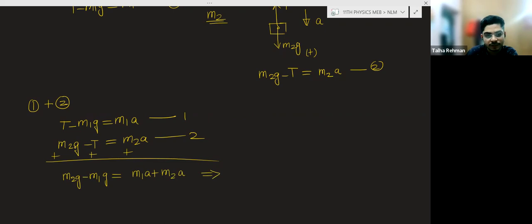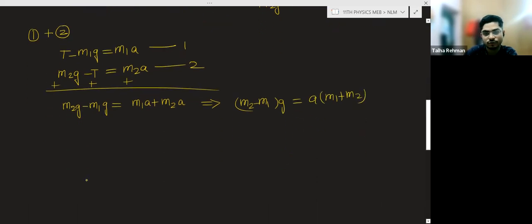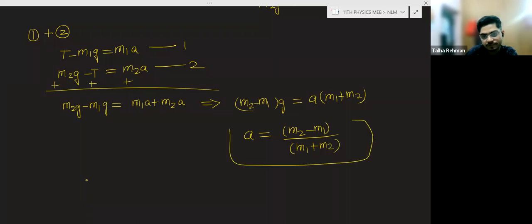Further, you will take g common from here, m2 minus m1 into g. Here a common, you will write m1 plus m2. So from here you can calculate the acceleration, that is m2 minus m1 divided by m1 plus m2. This is the acceleration of this system.